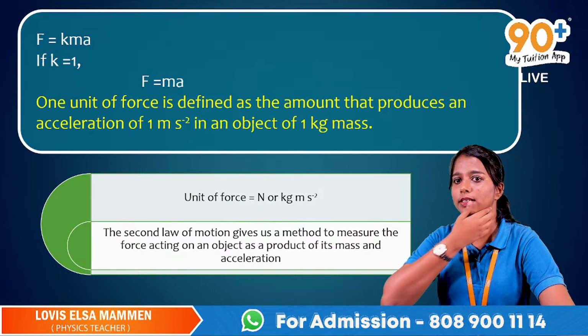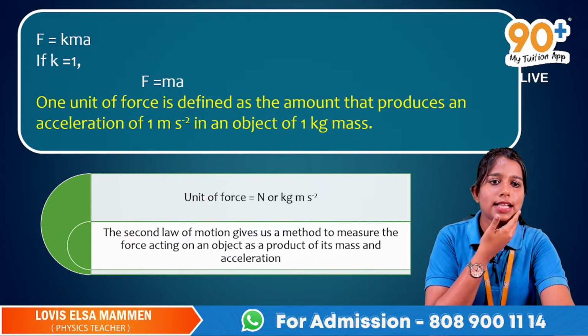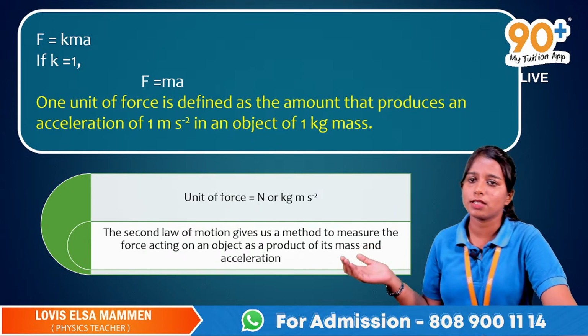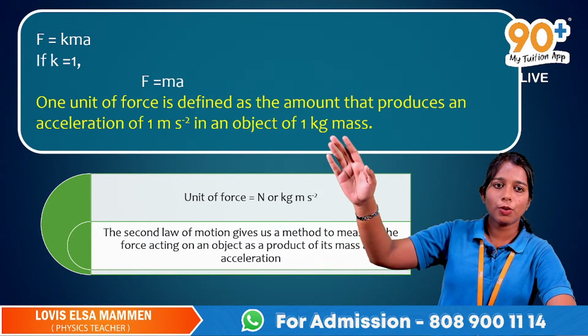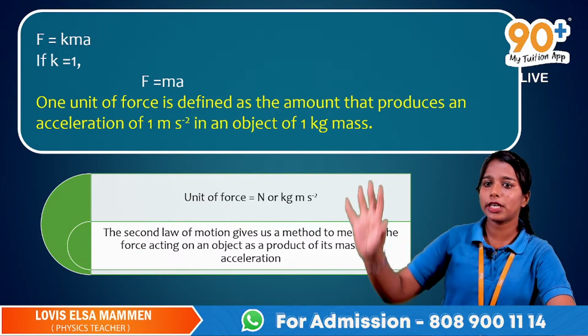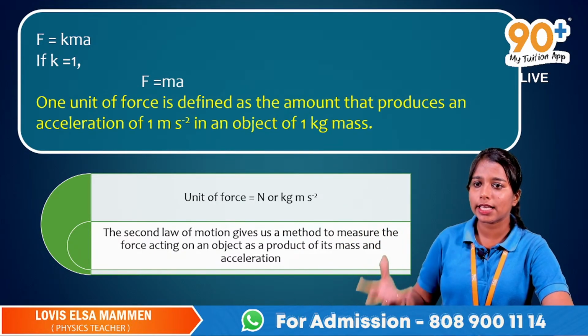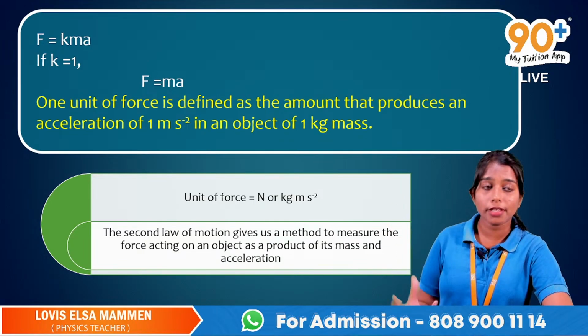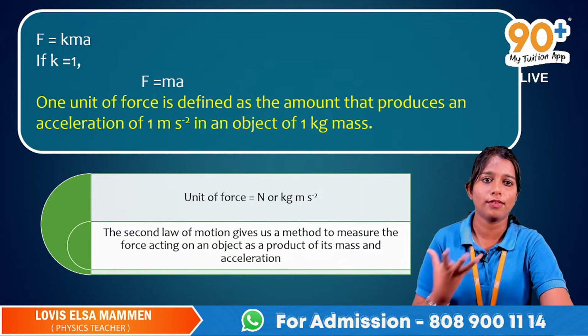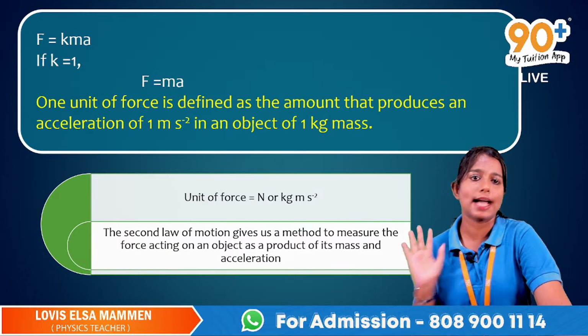Very important. The definition of 1 Newton, and from the second law of motion, what is actually happening? We are getting the method to measure the force acting on it. And what is the value of force? Mass into acceleration.